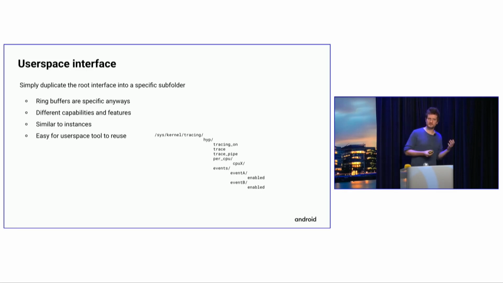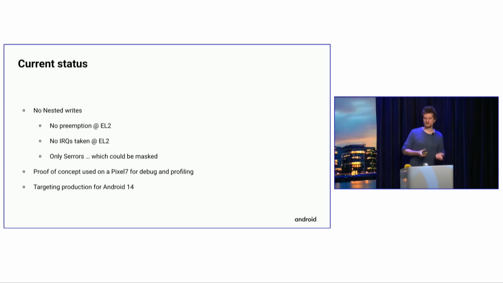So it's quite easy to just take trace-cmd and tell it, okay, that is your folder, just create a trace file out of this, and this is fully compatible. And that's it for the user space interface.